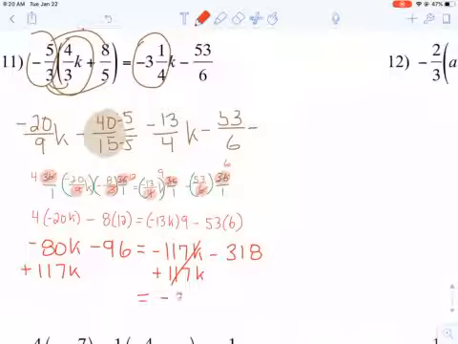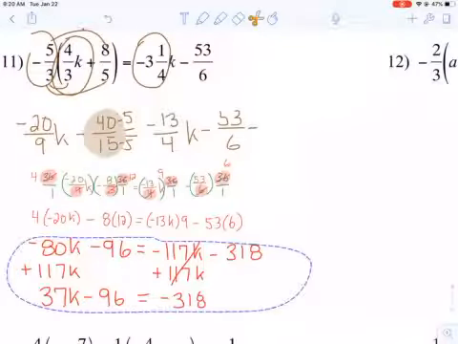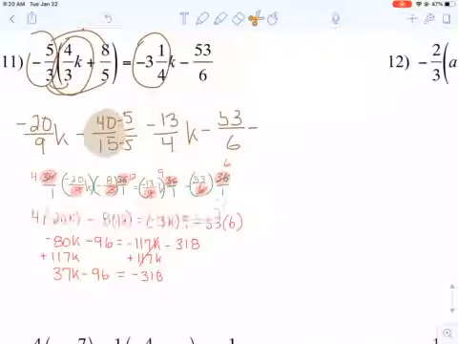I'm just left with negative 318. And then over here, negative 80k plus 117k gives me 37k. I like that. Minus 96. So now my equation looks a little bit more manageable. I got some smaller numbers. So now I just solve it like a two-step equation. Add 96 to each side.